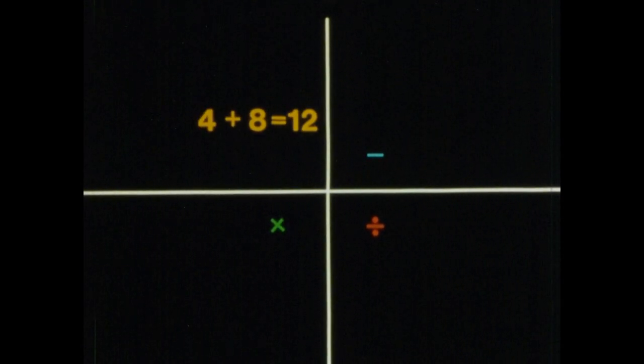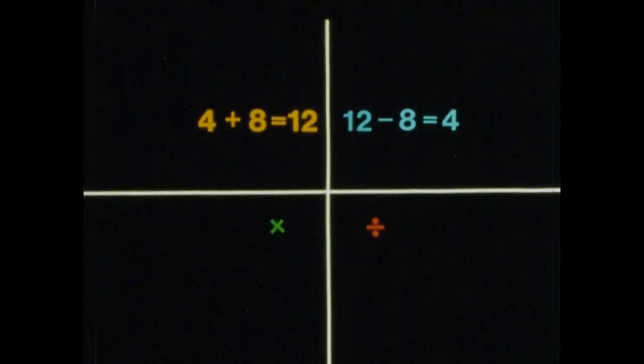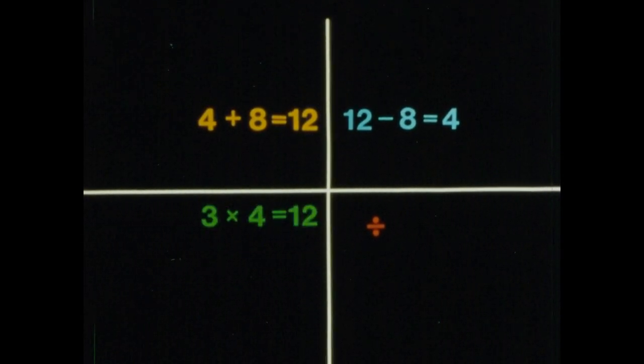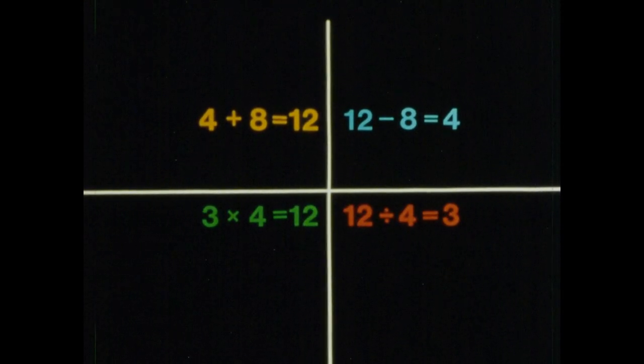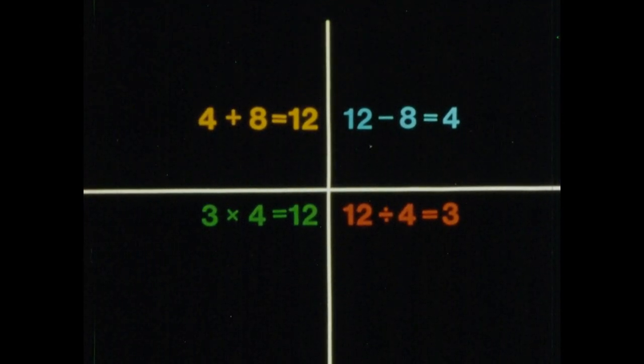These 4 mathematics symbols tell us about operations with numbers. Actually, they tell us what operation we're going to perform between 2 numbers. They tell us if we're going to add 2 numbers together, subtract one number from another, multiply one number by another, or divide one number by another. When we see these symbols together like this, it also tells us that these operations are related.